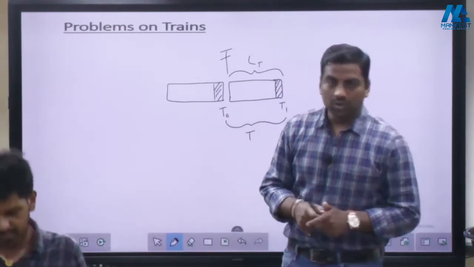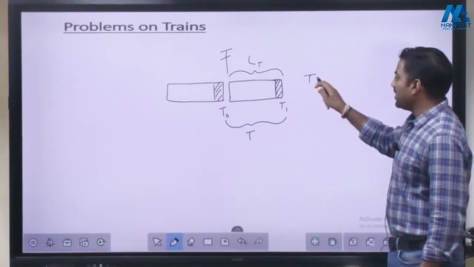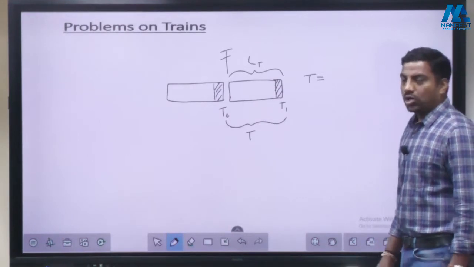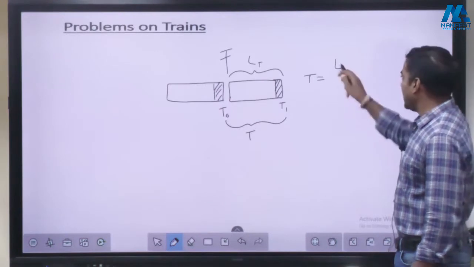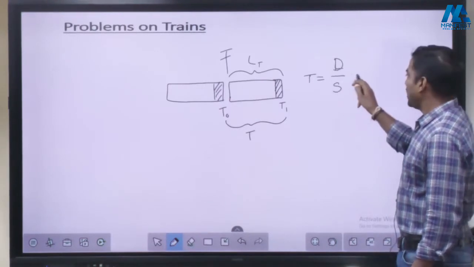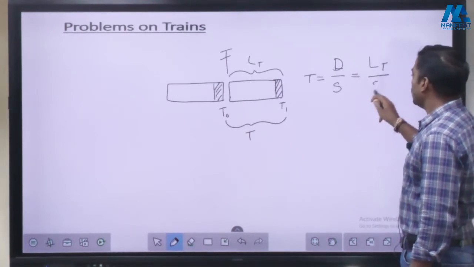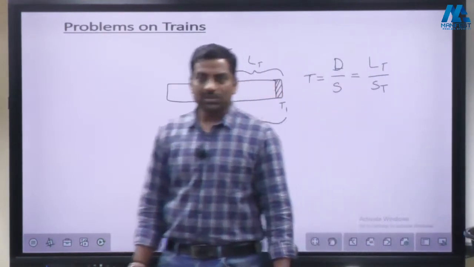So now, if you ask me to calculate the time taken by the train to cross this pole or tree, it is distance divided by speed. So here this distance is nothing but the length of the train divided by the speed of the train. Simple.